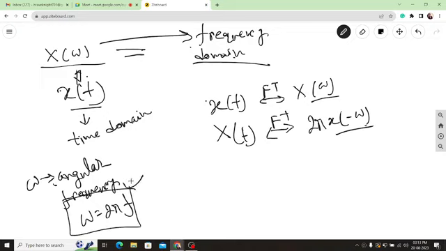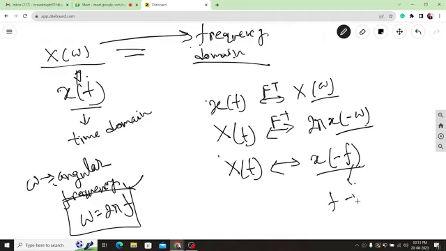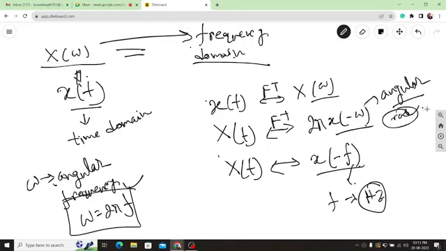This is the fact. Now this also can be represented as follows: x of t has a Fourier transformation, that is x of minus f, if I am taking only frequency in hertz, and this omega is angular frequency, that is radian sort of thing.